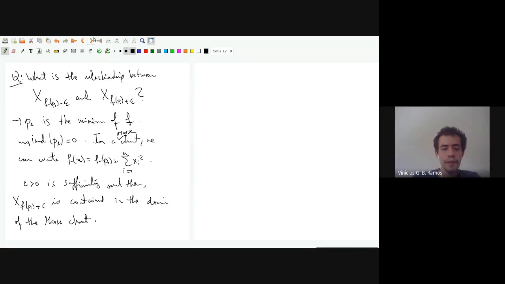Okay, so now the problem is easy, because if this X of f of p1 plus epsilon is contained in the Morse chart, then in this chart I just have to see what is the set of points such that f of x is less than or equal to f of p1 plus epsilon. And this is the same as saying that the sum of xi squared from i equals 1 to n is less than or equal to epsilon.